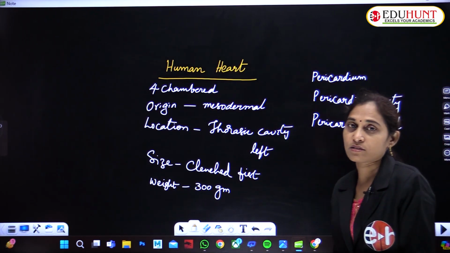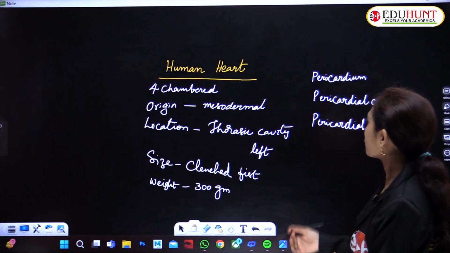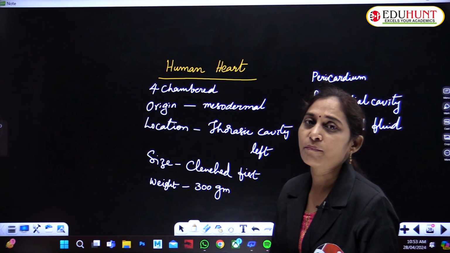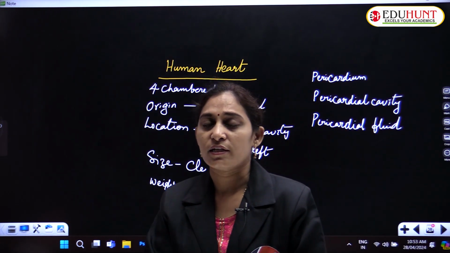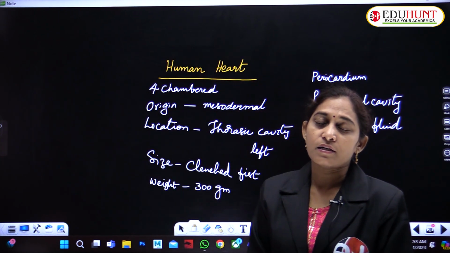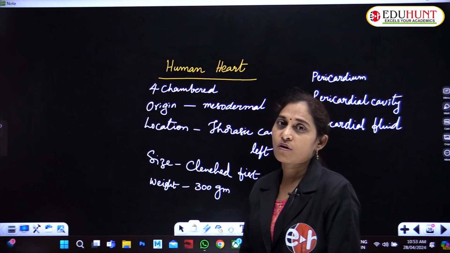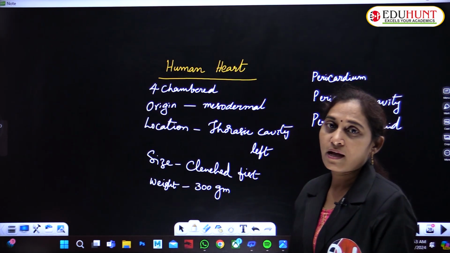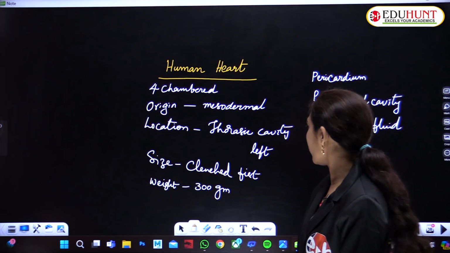In that way it protects the heart. So the pericardium is the double membraned sac-like structure that covers the heart. The cavity between the 2 membranes is called the pericardial cavity, and the fluid present in the pericardial cavity is the pericardial fluid.